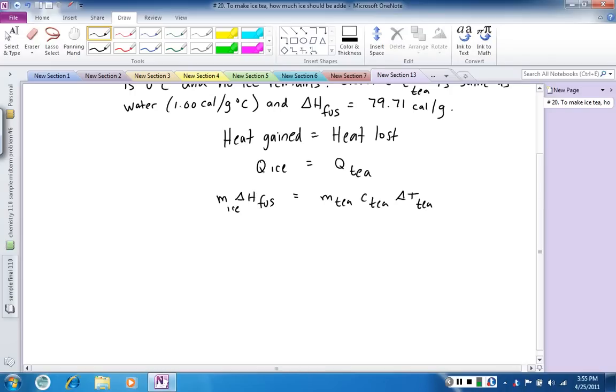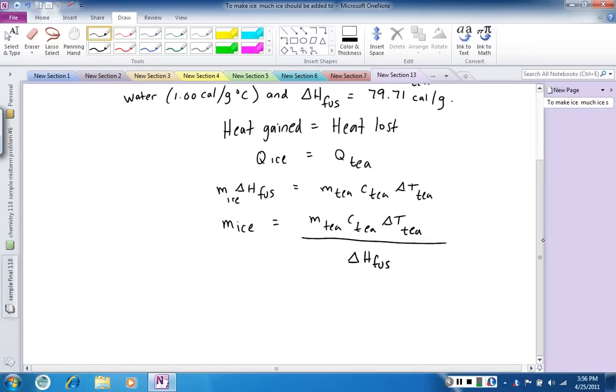We're going to solve for our mass of ice. So we'll have your mass of T times your specific heat capacity of T times delta T of your T. This is all going to be divided by your delta H for fusion of ice.